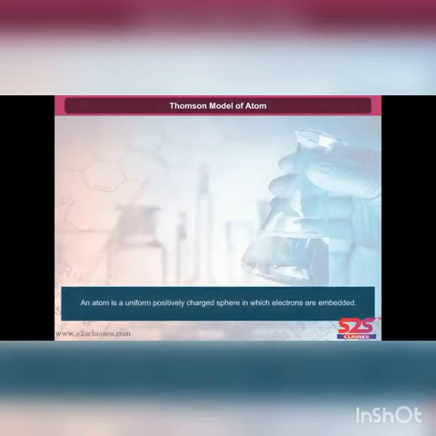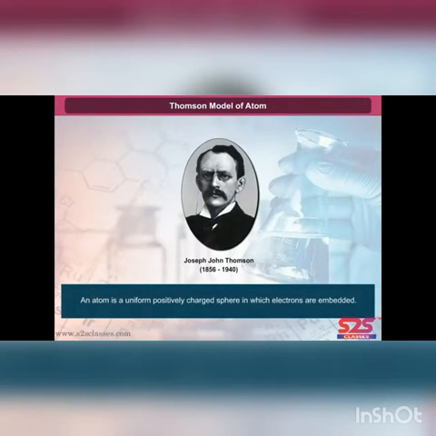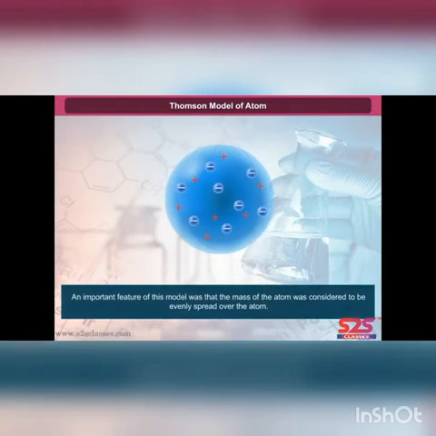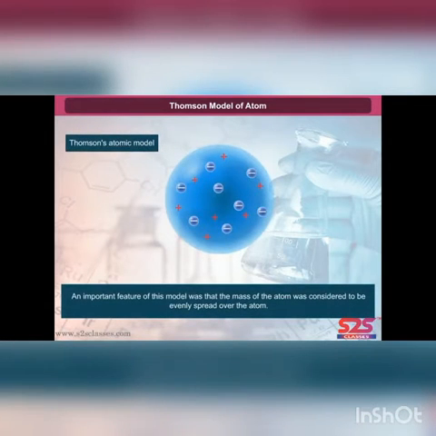Thomson's model of atom. J.J. Thomson considered an atom as a uniform positively charged sphere in which electrons are embedded. An important feature of this model was that the mass of the atom was considered to be evenly spread over the atom.